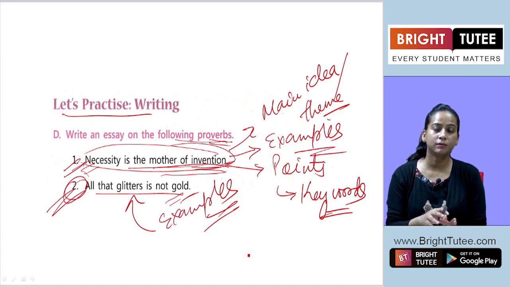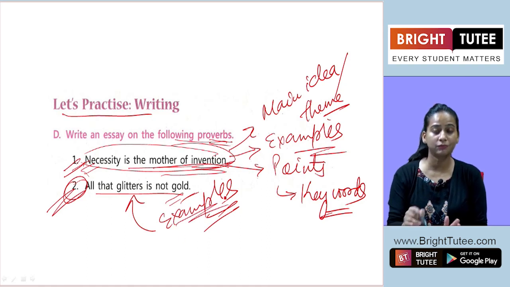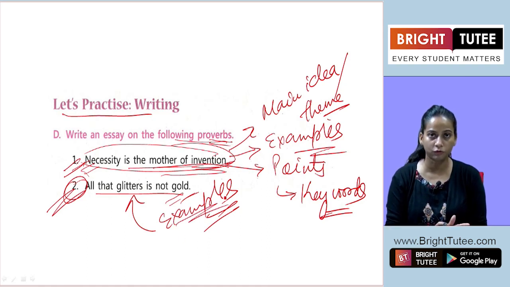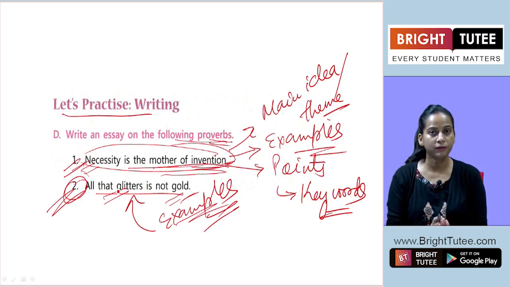Because here we can talk about people just trying to pretend to be something else, which in actual they are not, and which is creating problems for society. So in this way we can take different examples also, any other example that you might have heard, or based on your imagination also it can be taken, just to match with the given topic.